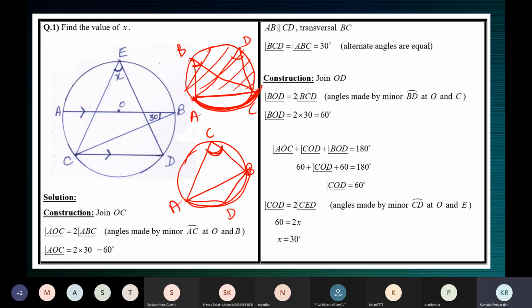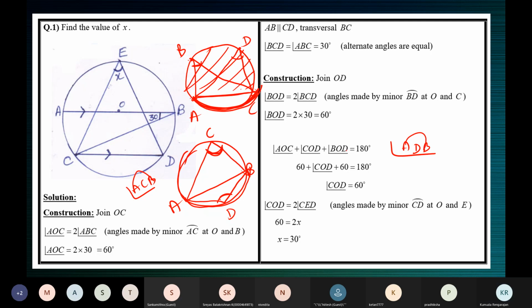Again we have AB. How do you name this angle? Angle ACB. And how do you name this angle? Angle ADB. Now these two are not angles in the same segment of the circle. Look at the angles ACB and ADB. So you might feel, oh, AB is the arc at the points C and D.